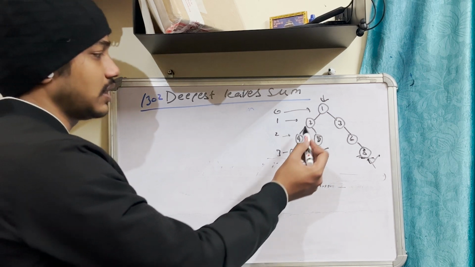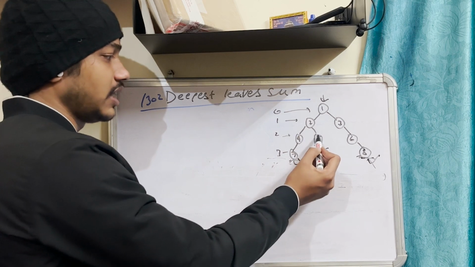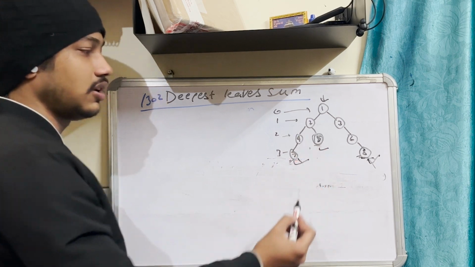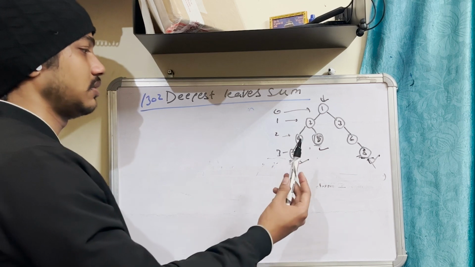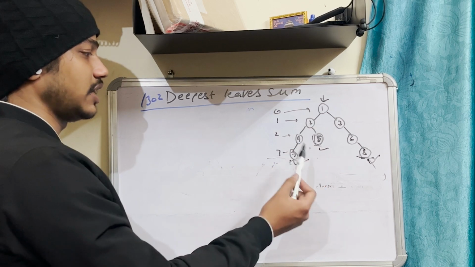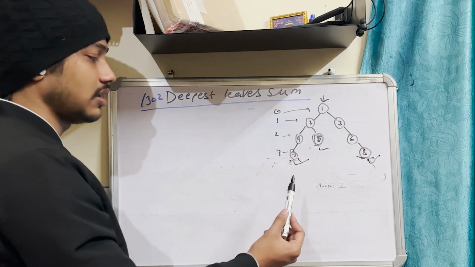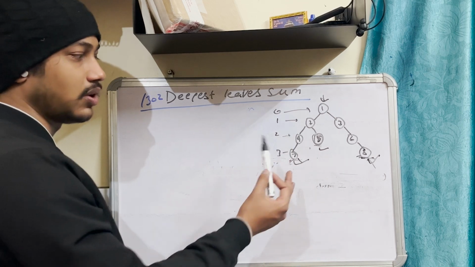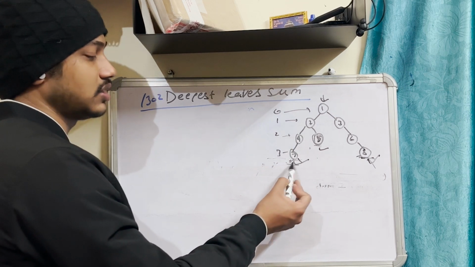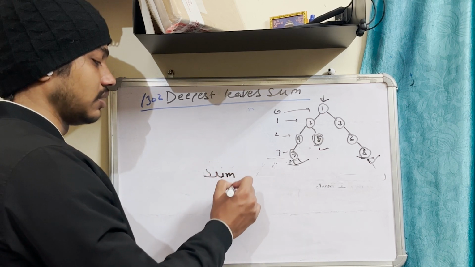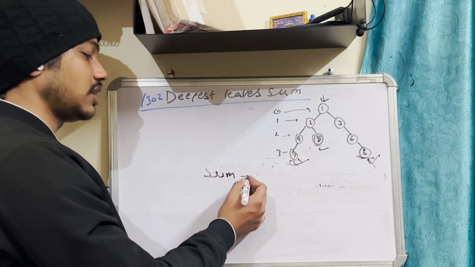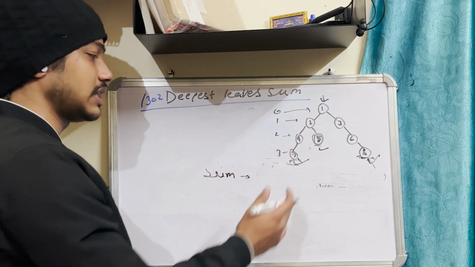Just think, if you are standing at this node, and if you know the height or depth of this node, it doesn't matter. 5 is at the second level, but the maximum level of the tree is 3. So you won't add it in your sum variable. You want to add the nodes which are at the deepest level.